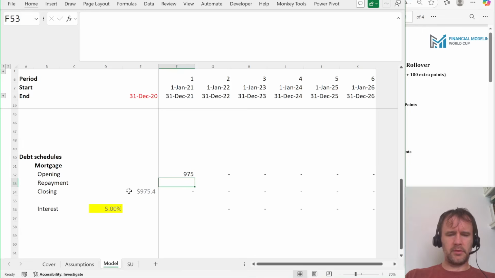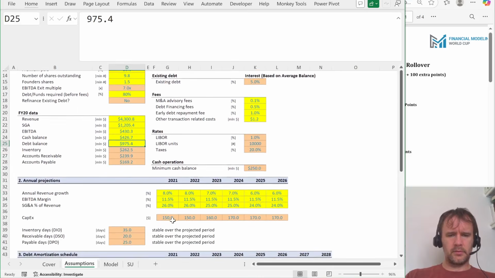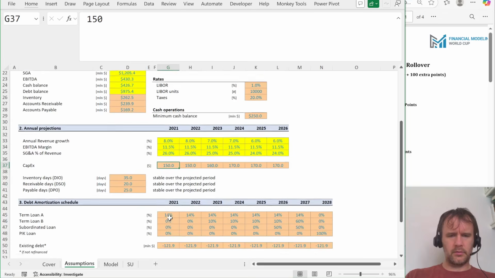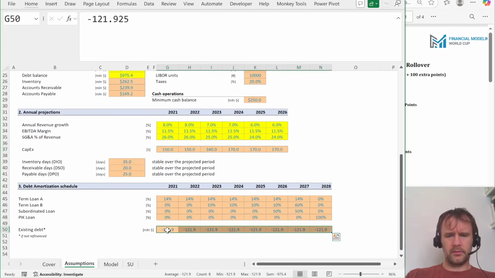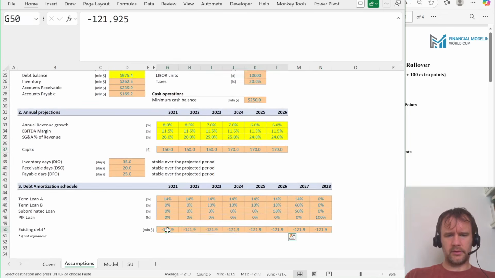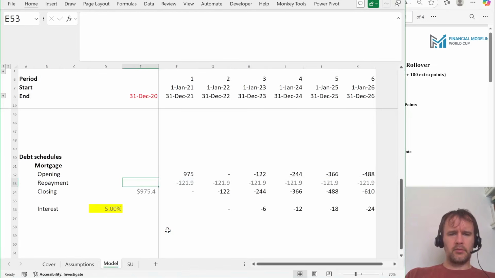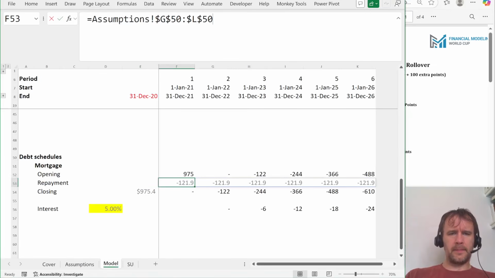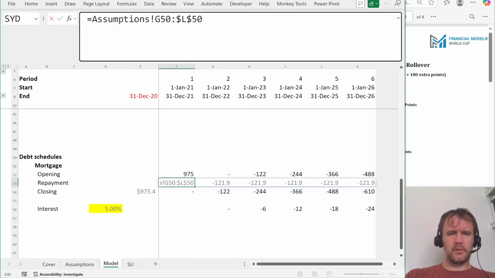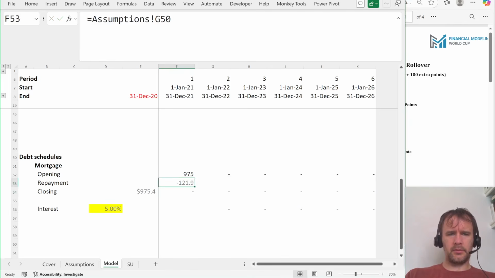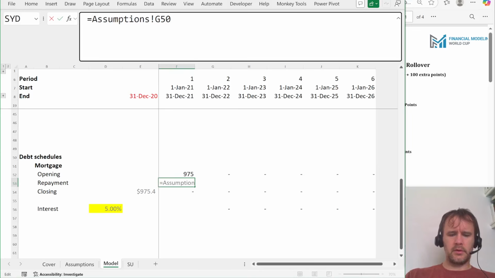Then the repayments. Give me this. Only out as far as 26. But it's going to be, let's just make it 350 and copy across, but then it's going to be max of that and minus this.